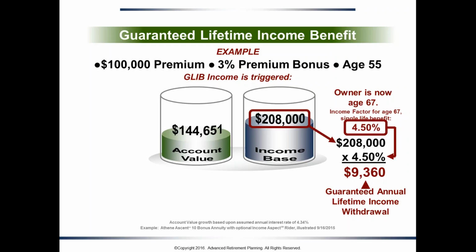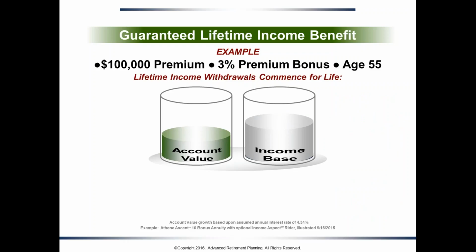So there'll be a separate factor if it's joint lives. If we're going to use joint lives, it's always going to be a lower factor to create lesser income, and it's always going to be based on the age of the youngest owner. But let's just go with what we got here. So after 11 years, we've determined that we're going to get $9,360 a year.